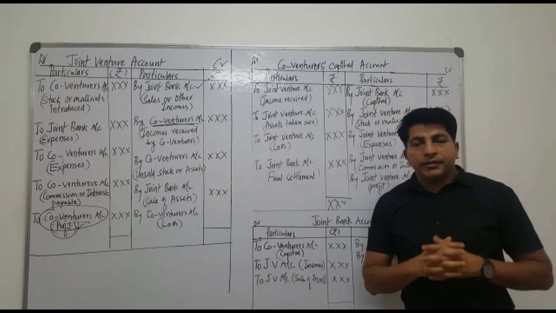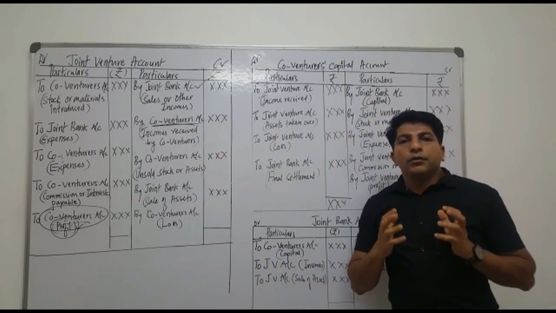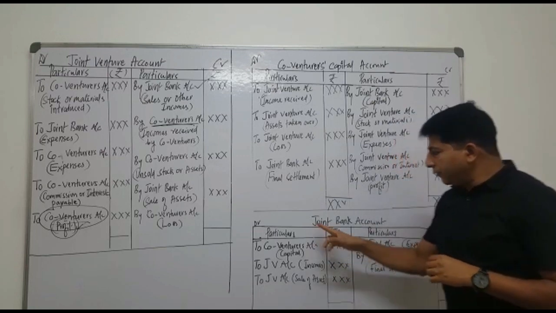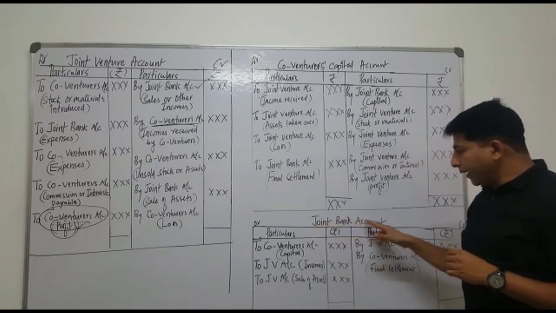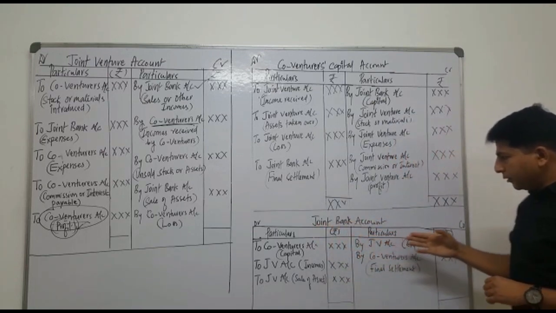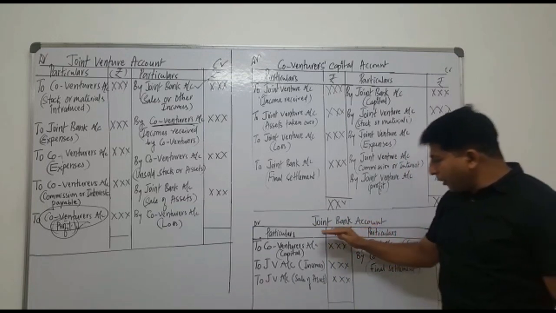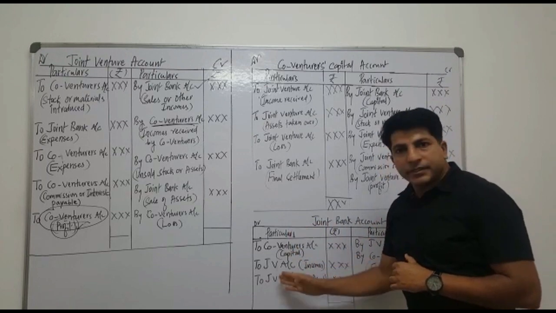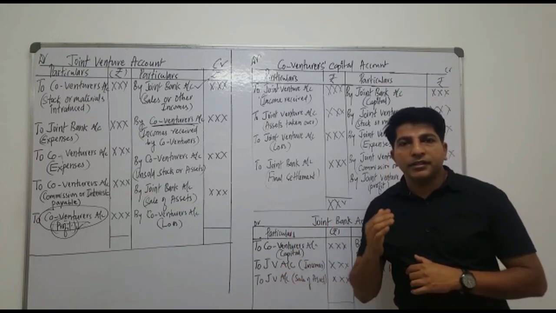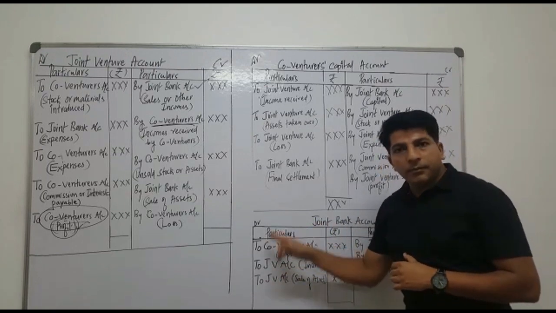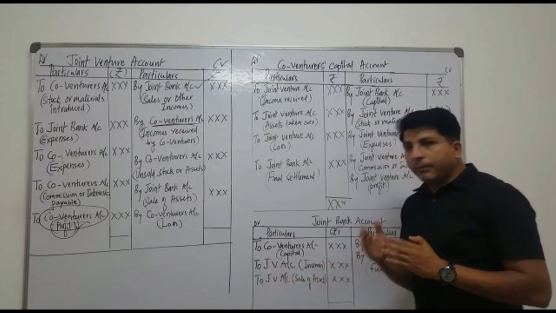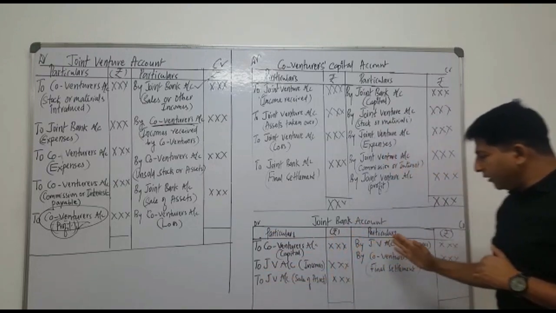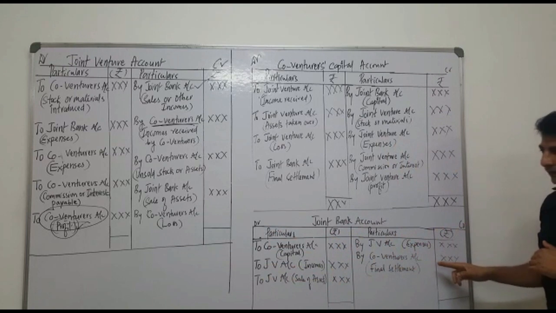If you know the concept of cash account or bank account, you can easily prepare joint bank account. In joint bank account, all cash receipts will be recorded in the debit side, and all cash payments in the credit side.